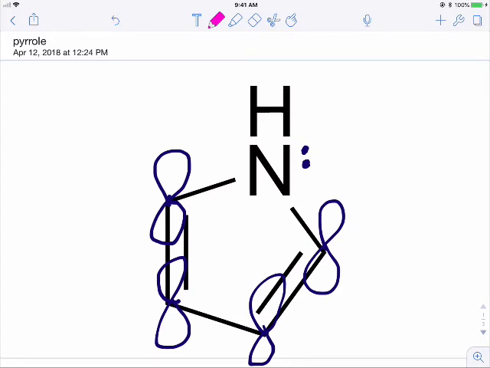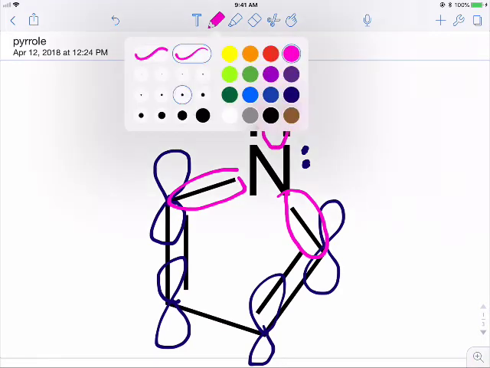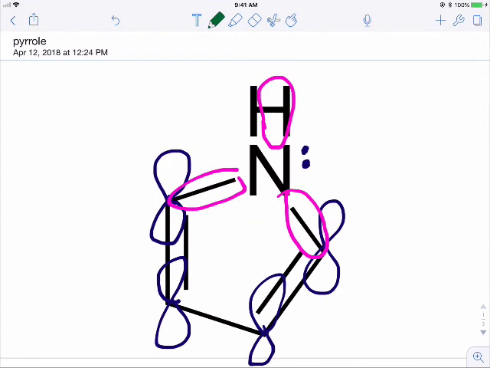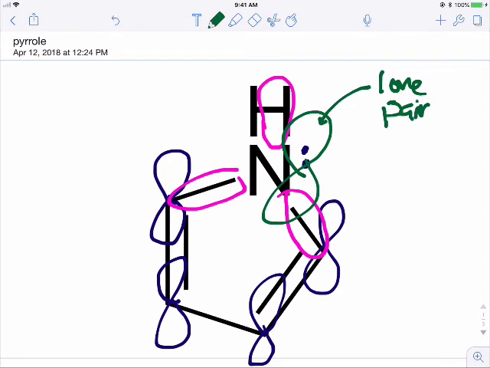If it does that, it can use one of those sp2 orbitals for that bond, one of the sp2 orbitals for that bond, and its third sp2 orbital for the bond to hydrogen, which is right there. That leaves an unhybridized p orbital left over into which we can put both of the electrons. So the lone pair goes into the p orbital.